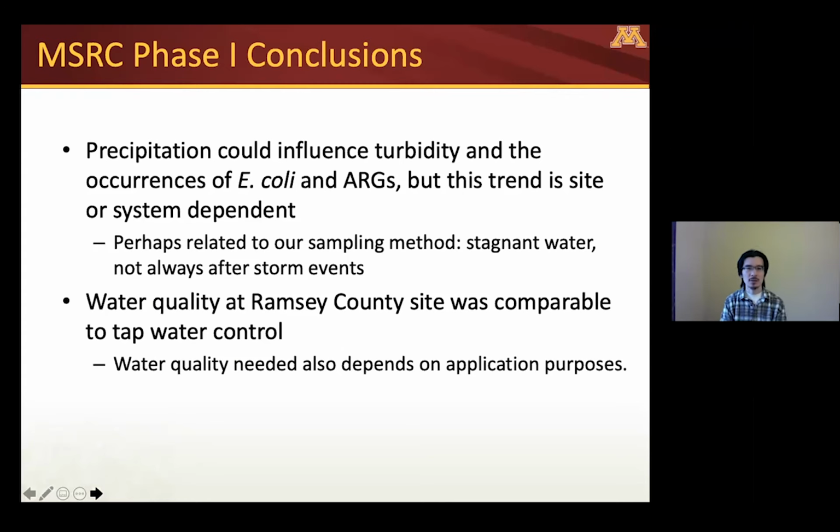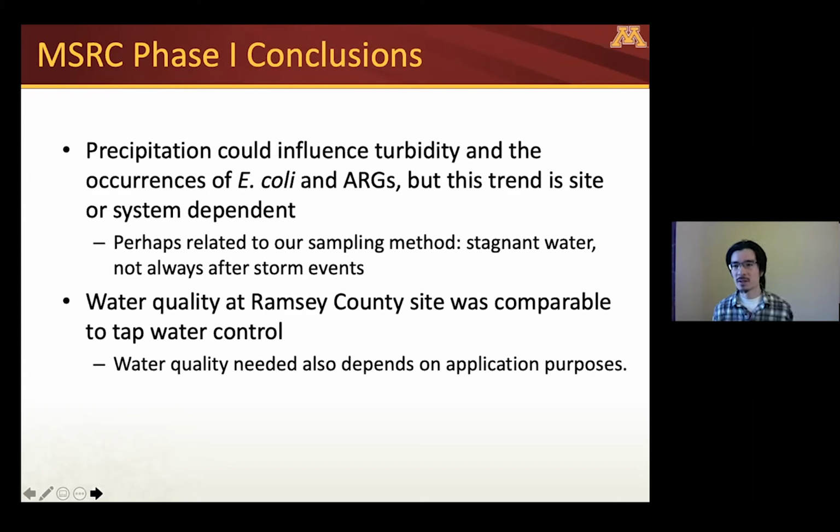So the conclusion of our phase 1 research is that the precipitation could influence stability and occurrence of E. coli and ARGs, but this trend is site or system dependent. This may be related to our sampling method. We collected samples when the system is on, because we went there usually in the morning or at the daytime.